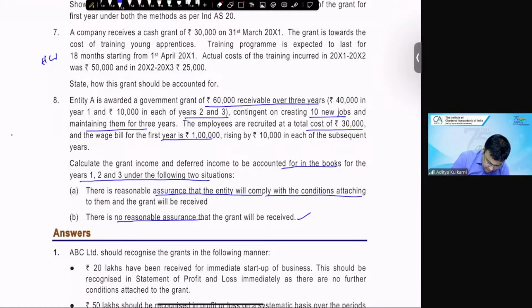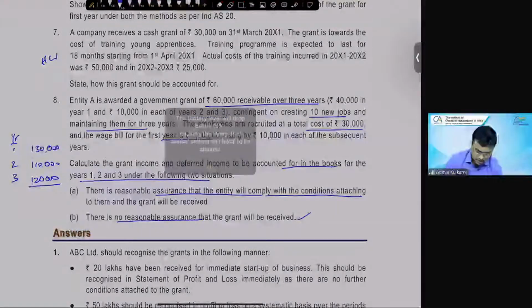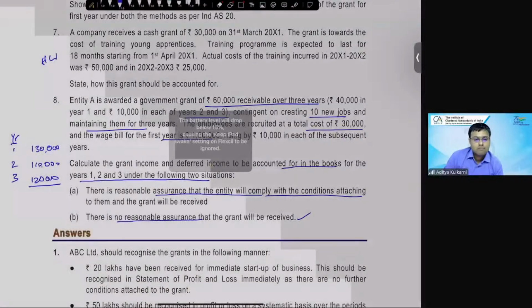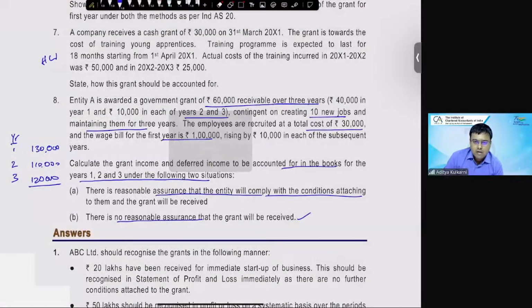Cost. So year 1, 2, 3, what is the cost I am incurring? First year, 1,30,000. Second year, 1,10,000. Third year, 1,20,000. हर साल recruitment cost नहीं होगा मेरा. Yes, every year there is no recruitment cost, but the wage bill keeps on increasing.